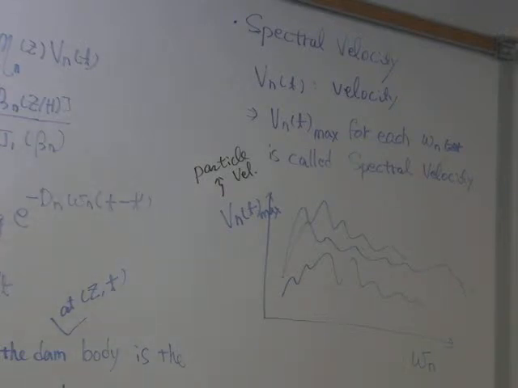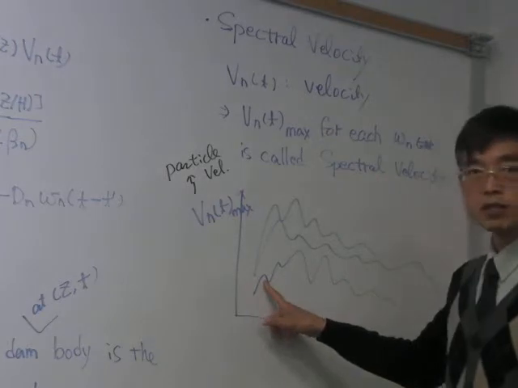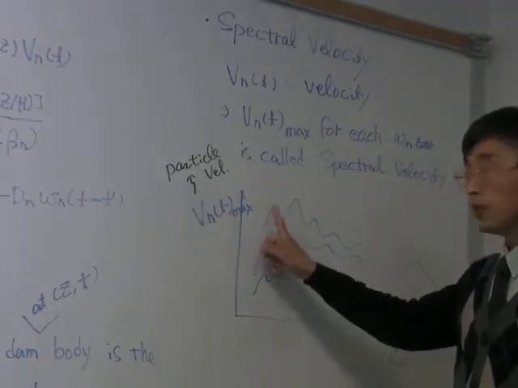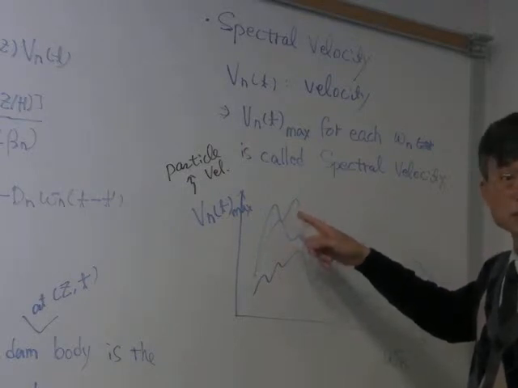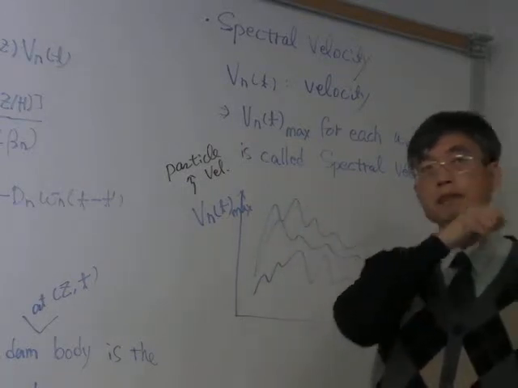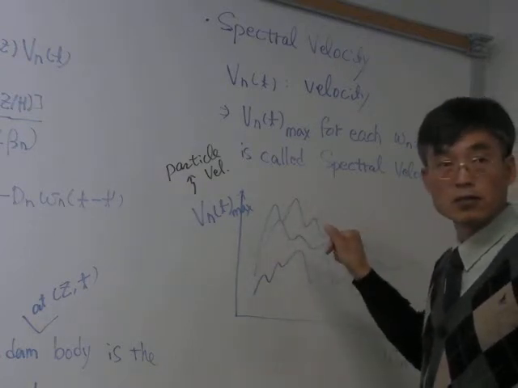So when I start to vibrate, at some point we may reach your resonant frequency, then amplitude will become a little bit higher. When we hit the resonant frequency of another component, it may be higher. For the dam, how come we have several different peaks?